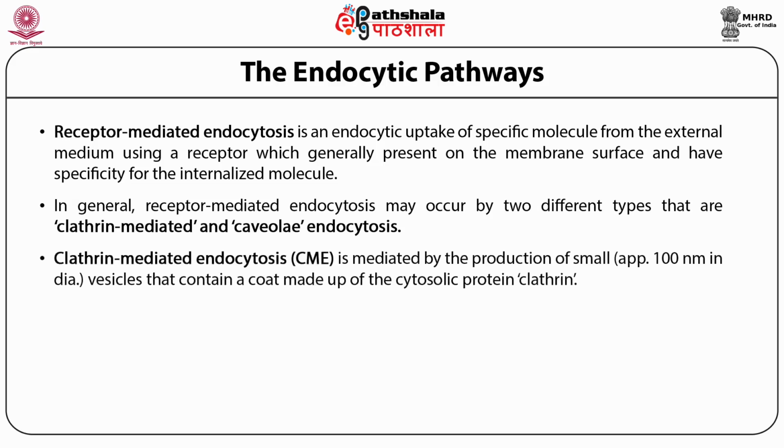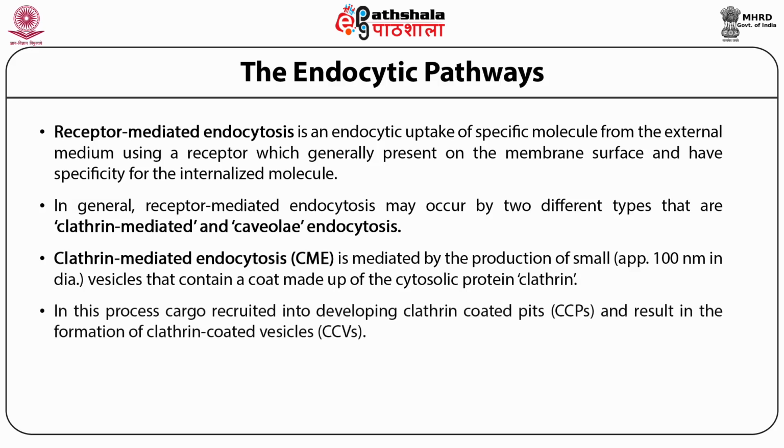Firstly, clathrin-mediated endocytosis is mediated by the production of small, approximately 100 nanometer in diameter vesicles that contain a coat made up of a cytosolic protein that we call clathrin. In this process, cargo is recruited into the developing clathrin-coated pits, called CCPs, and results in the formation of clathrin-coated vesicles.